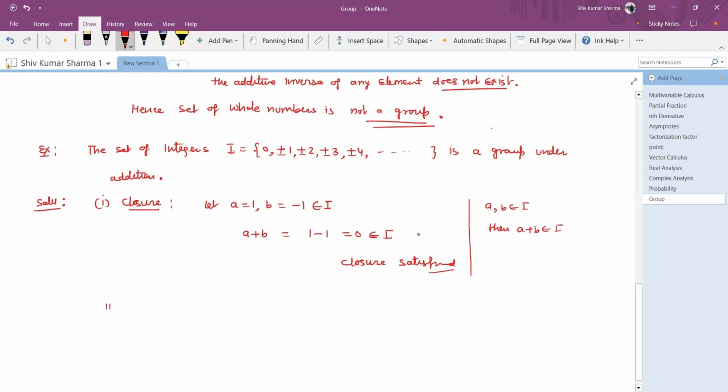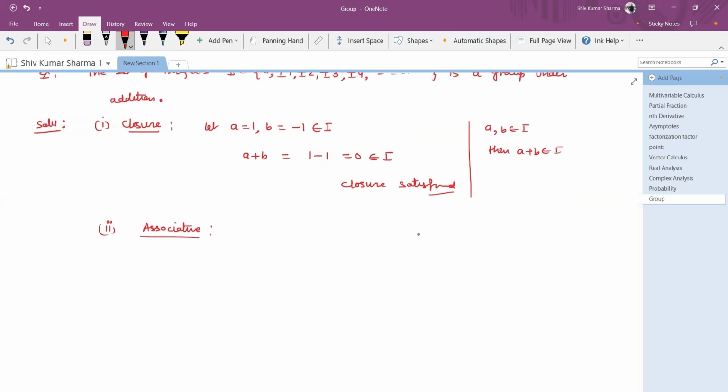Now we move to the second property, the associative property. We said earlier that this is the hereditary property, always satisfied in each case. So we can take three elements a, b, c which belong to the set of integers I. Now a plus b plus c is always equal to a plus b plus c. Suppose a equal to 1, b equal to 2, c equal to -3.